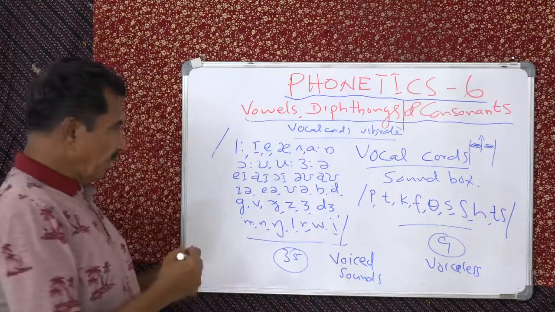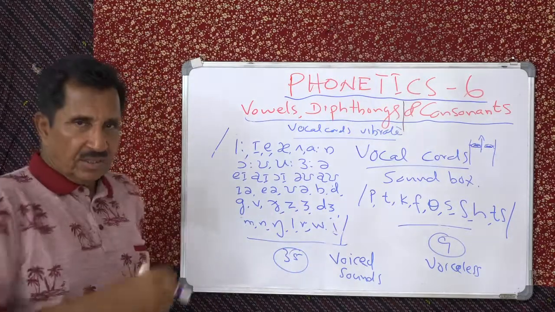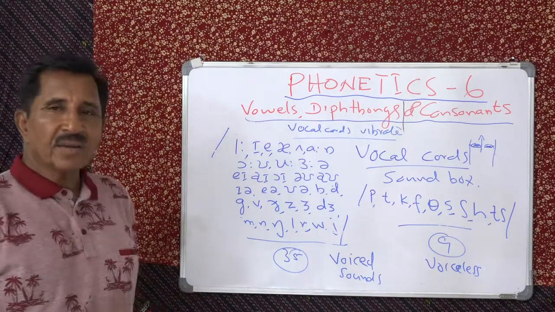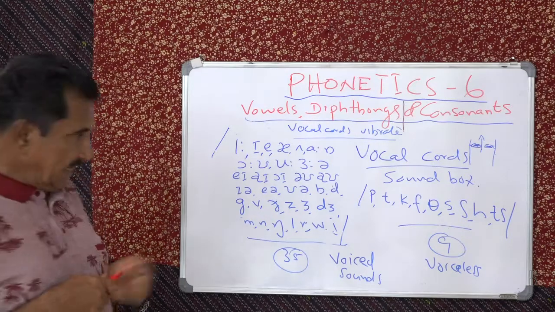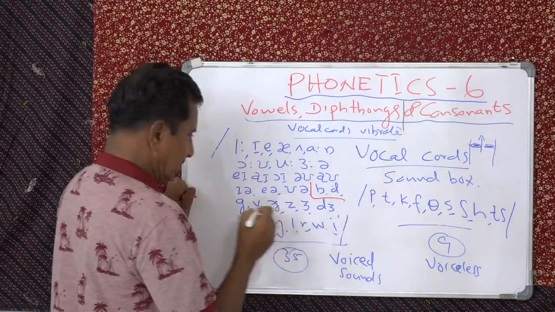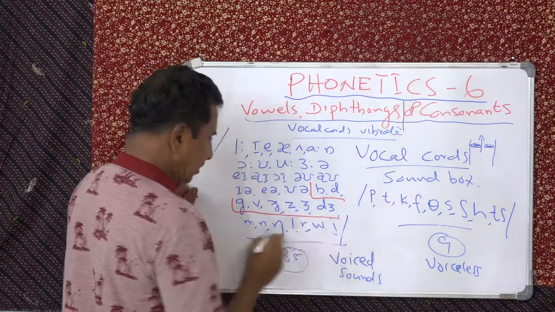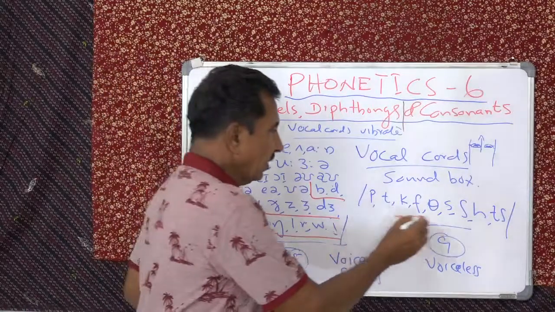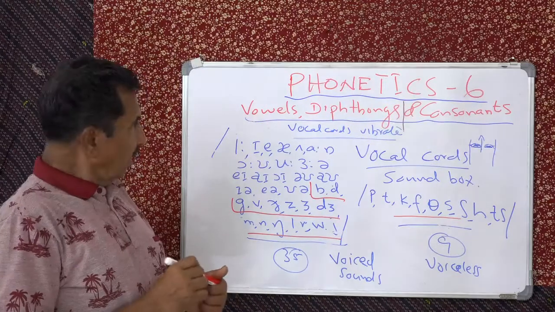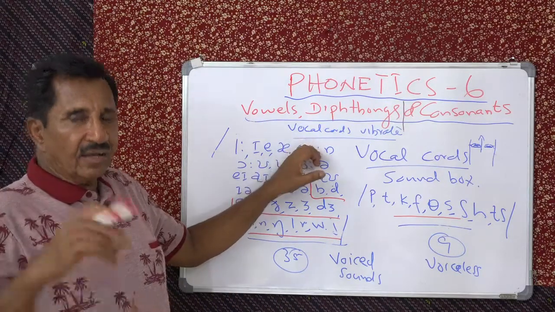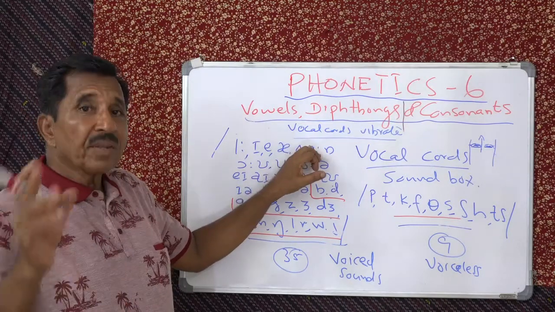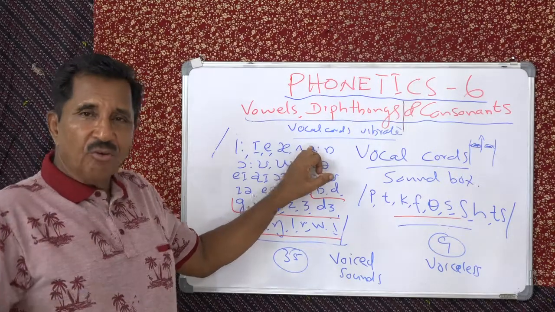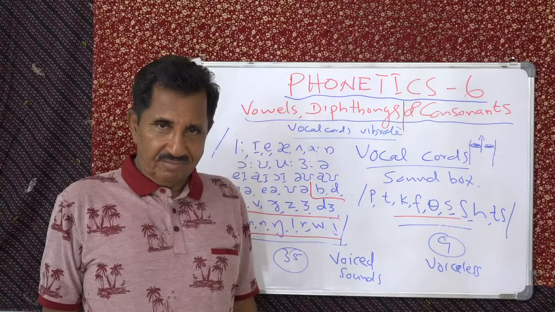For example, from here onwards you have got consonant sounds. Some consonant sounds are voiced, some are voiceless. From here these consonant sounds are voiced, which means vocal cords vibrate. But here they don't vibrate. So you can say vowels and diphthongs are speech sounds produced with a free airflow and with vibration of the vocal cords.